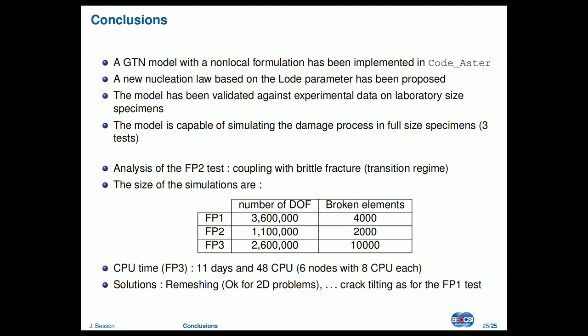We are still facing big problems in 3D cases, and that could be very interesting to model crack tilting and crack deviation. The idea is to keep a fine mesh just where we need it, at the crack tip. Ahead of the crack tip, we don't need it. Where the crack has gone, we don't need it anymore. But that's future work. Okay, thank you.